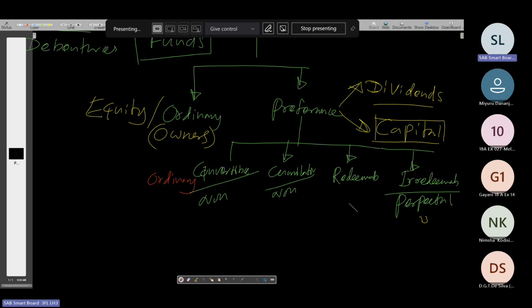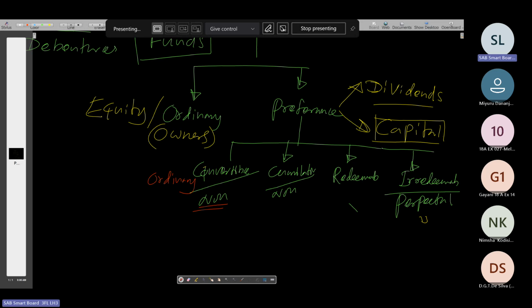That type of preference shares are known as convertible. Non-convertible means these shareholders have no such right to convert the preference shares into ordinary shares. They are not entitled to convert.